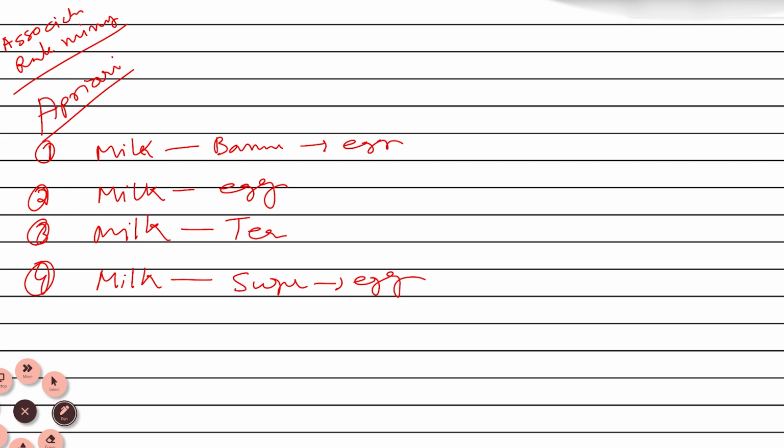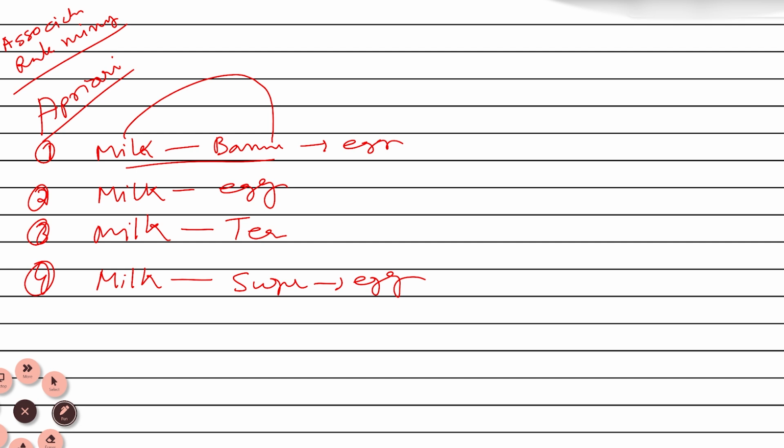Let's say according to this data, if we check milk and banana, this appears only once. So I can easily calculate the support, which is nothing but a measurement of how strong a particular association is.